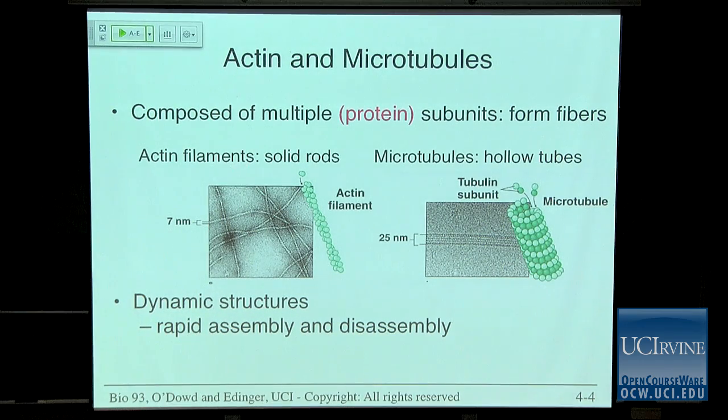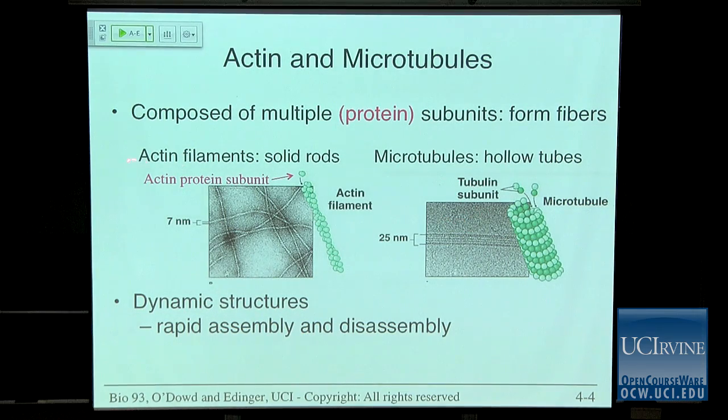And in the case of actin filaments, we have an actin protein subunit illustrated by this one small green ball here. And they assemble together to form a 7 nanometer filament, and it sort of looks like a string of pearls that's twisted together. Microtubules are composed of tubulin subunits that are assembled together.